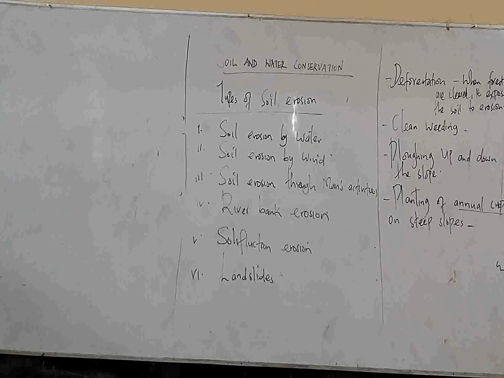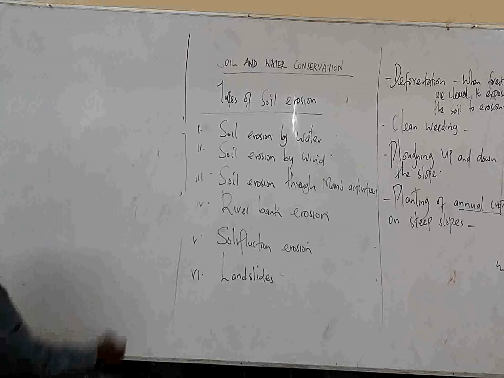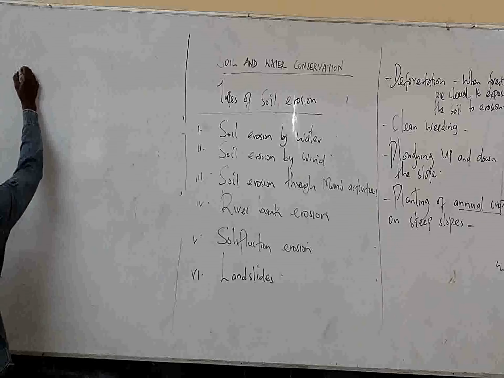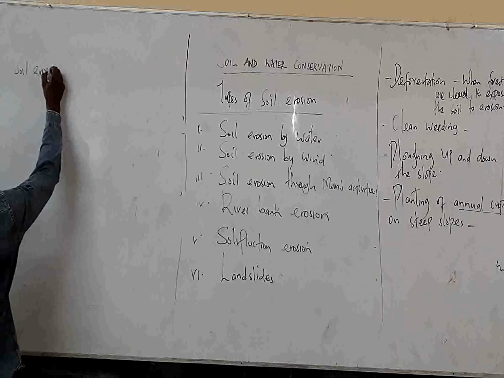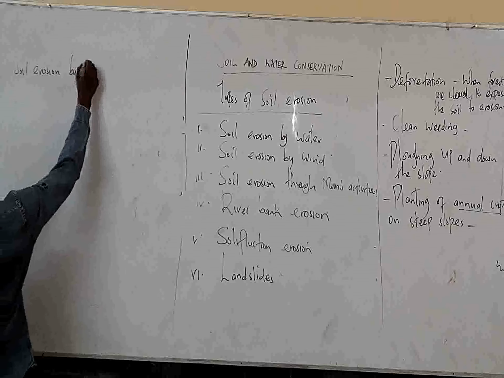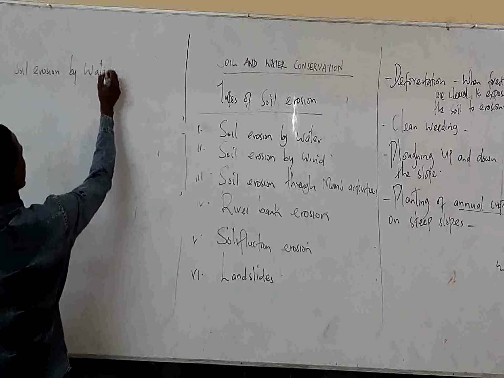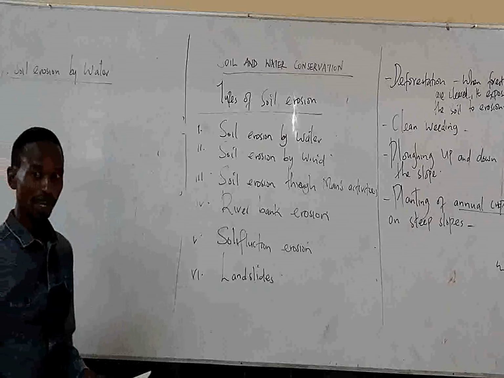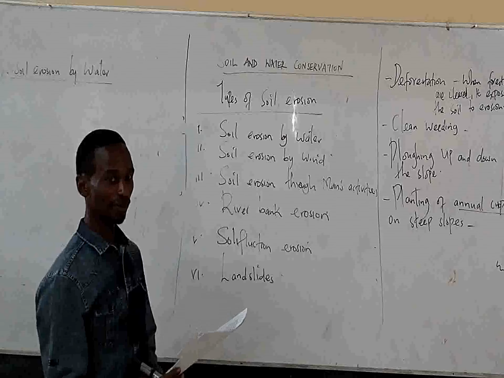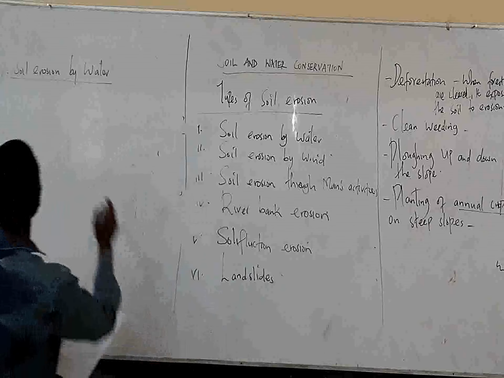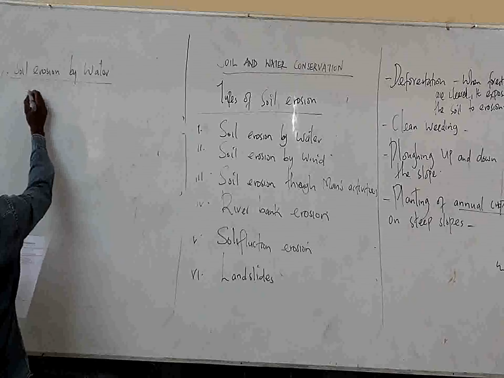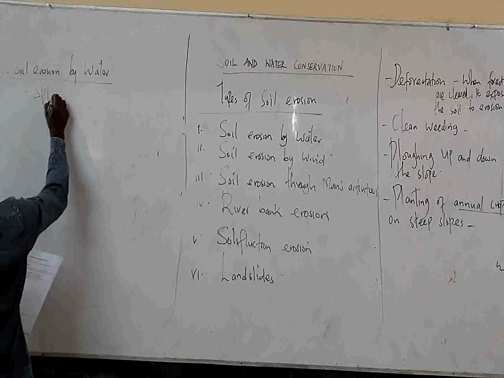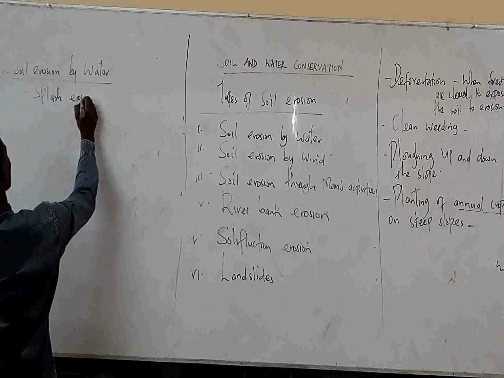So we start by looking at soil erosion by water. Soil erosion by water includes the following. Number one, it takes place through splash erosion.